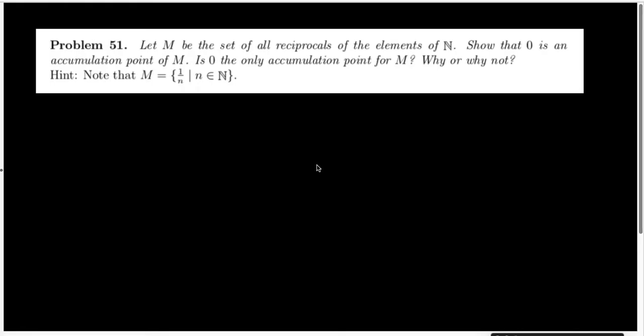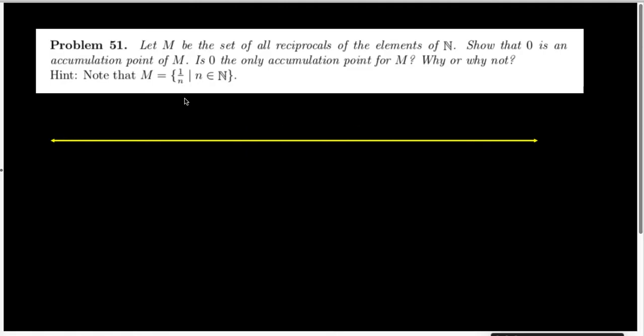And it turns out that if we intuitively look at the situation, it seems reasonably clear that 0 should be. So here's the number line, and let's look at the situation informally. And here is 0. Now, the elements of capital M look like the following.